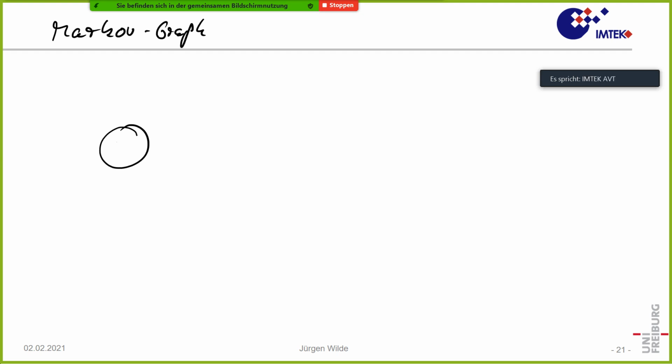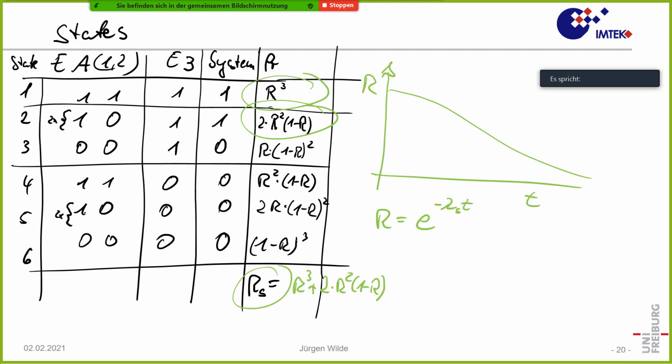Which is state 1. And what can happen then? Of course, the E3 can fail, and that would be case number 4. Yeah, so both are functional.